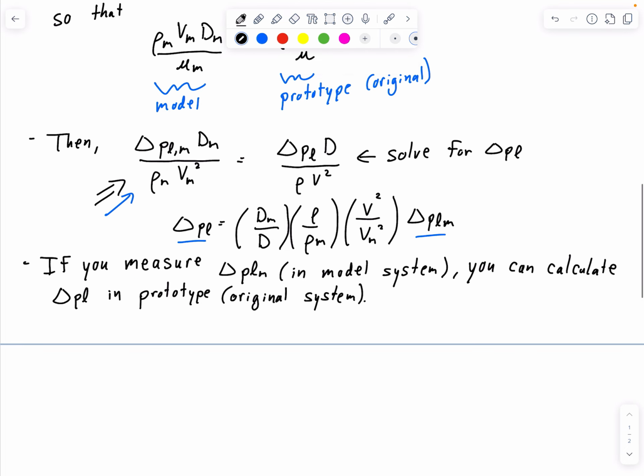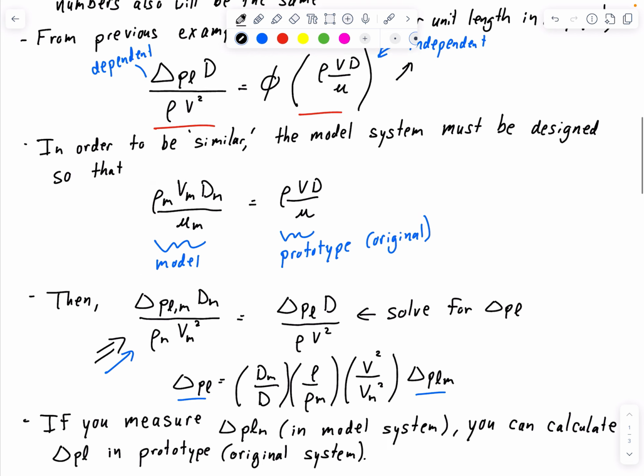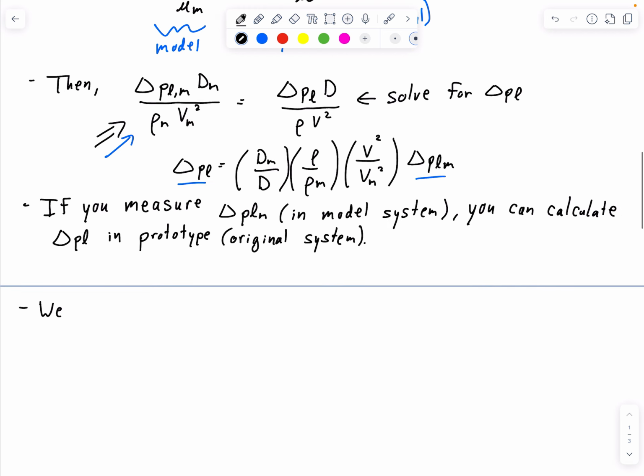But that's not necessarily always true. Sometimes you have 2 or 3 or 4 or more independent variables, and if that's the case, you have to enforce similarity for all of those variables.